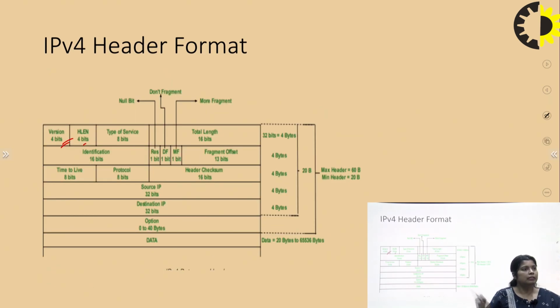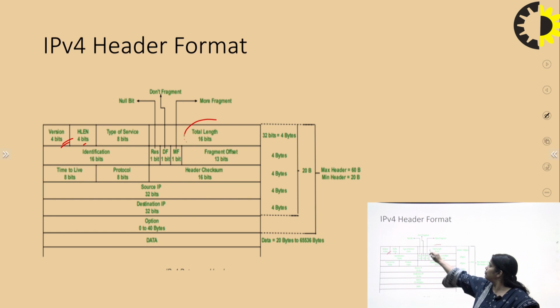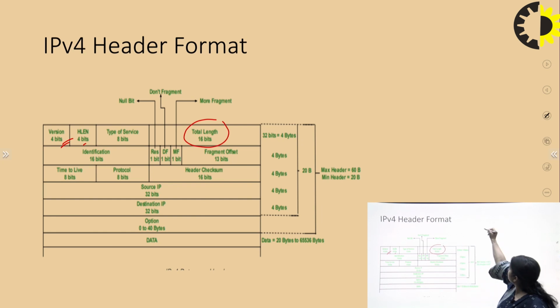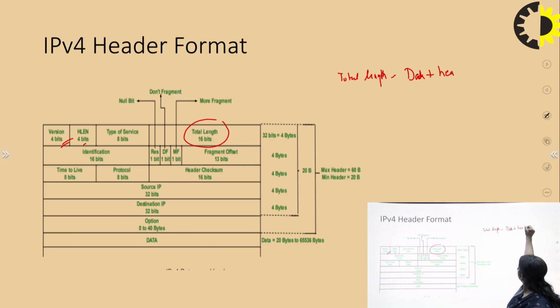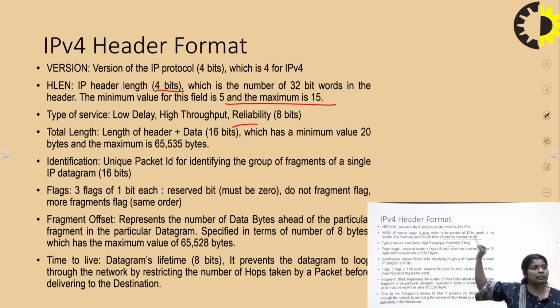Now the total length: the total length of the IP version 4 datagram is data plus header length. It is a 16-bit field, and the minimum and maximum value is 20 bytes to 65535 bytes.